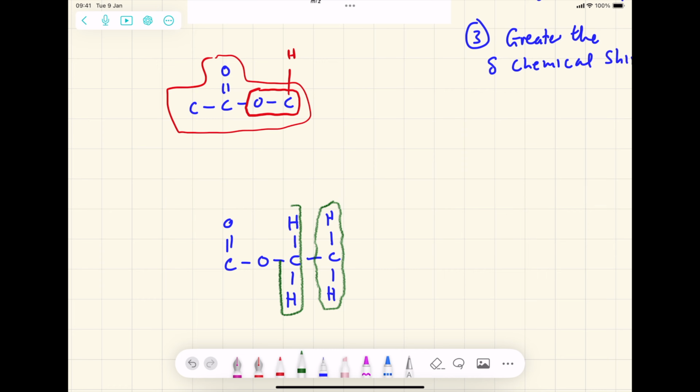So this is what causes that to split into a triplet. So far we have, that's 2H, and we know it's a triplet. And we know there's a CH2 right next to it.